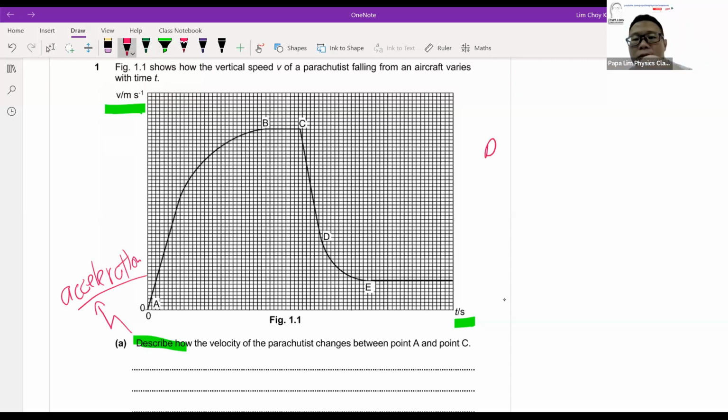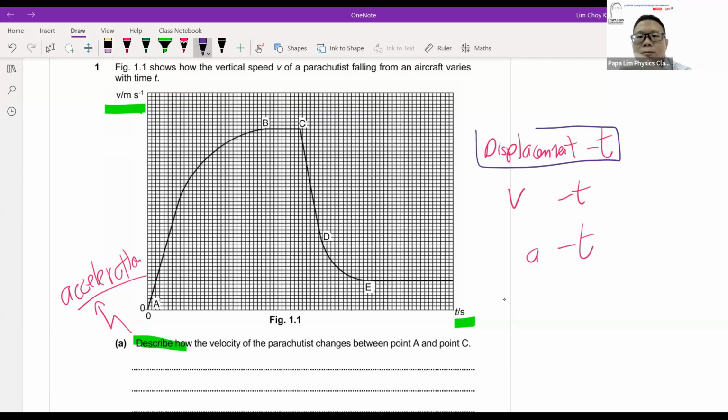They are linked such that whenever I'm looking at a displacement graph and I need you to describe, I need information about the velocity, the next level. So if the question gives you a velocity time graph and asks you to describe the motion, what the question wants is information about the acceleration.